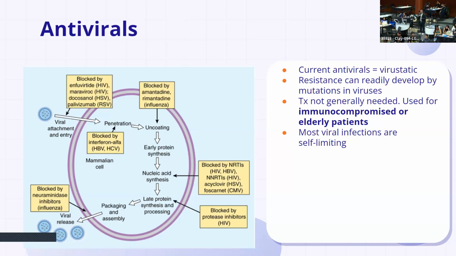And it can also be the extremely young. But you would only be given these drugs if someone is immunocompromised and needs the extra help from an antiviral drug. And all our current antivirals are virostatic, so they're stopping the virus being able to replicate. They're not actually killing the virus itself, because we know we can't kill something that doesn't live.